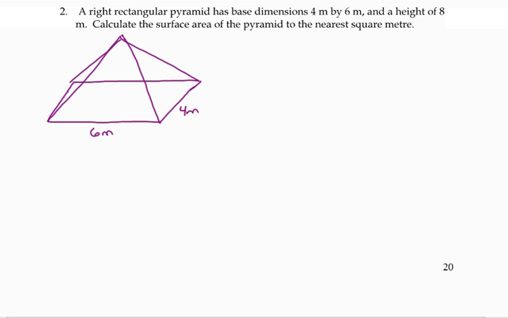And a height of 8 meters. So this is probably the toughest it gets. They give us a vertical height of 8 meters.